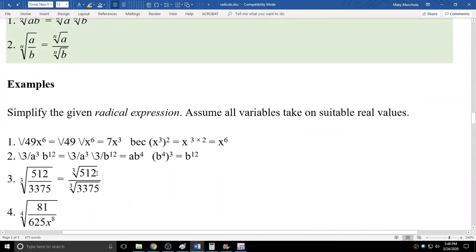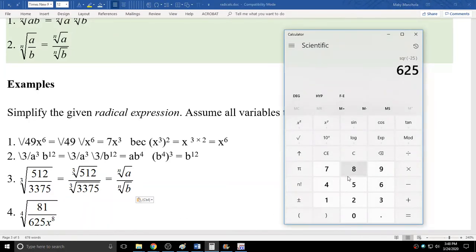What is the cubic root of 512? What is the cubic root of 3375? Well, if you think about what do you raise to the 3rd to get 512, let me try something like 8. 8 to the power 3 is 512. Oh, that was lucky. It's 8.